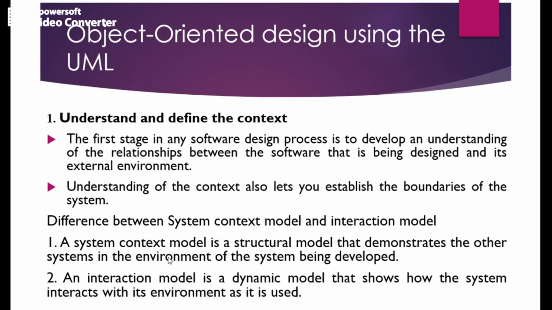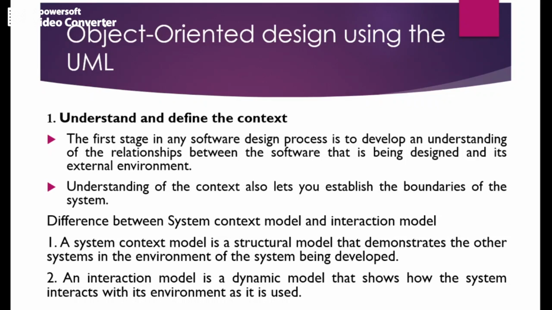So now we'll see the difference between system context model and interaction model. We have the context model, already we have studied, and one more we have the interaction model. What is the major difference between these 2?